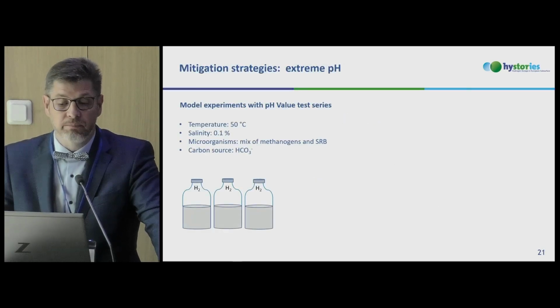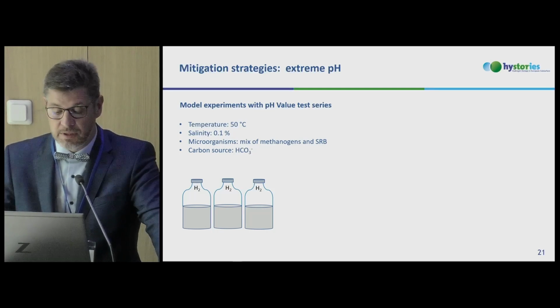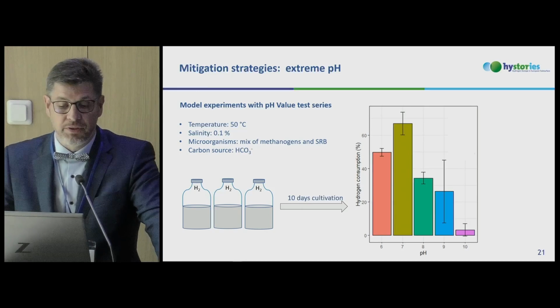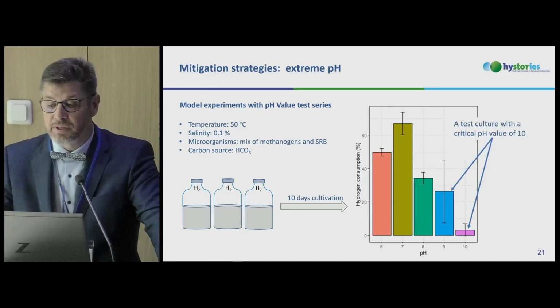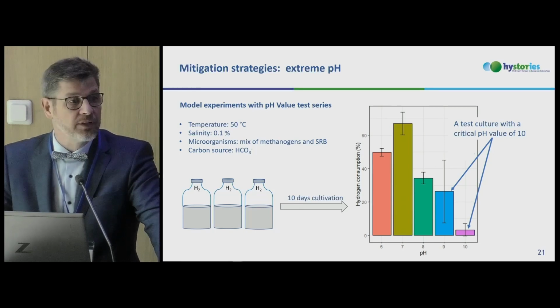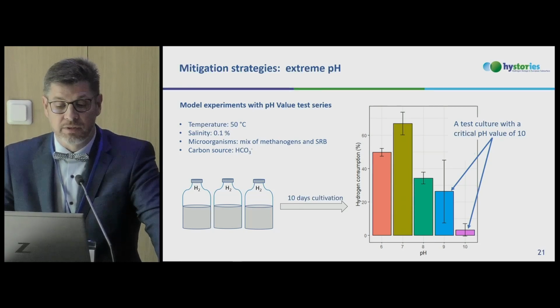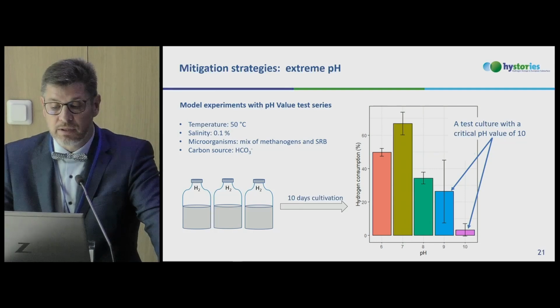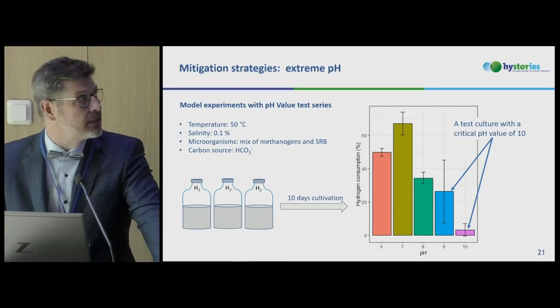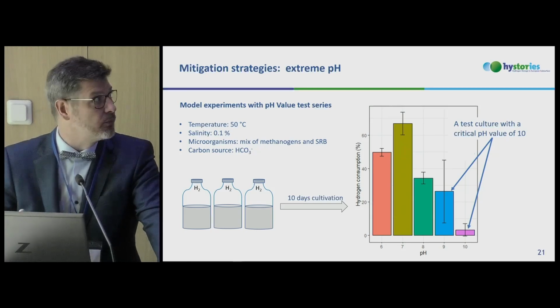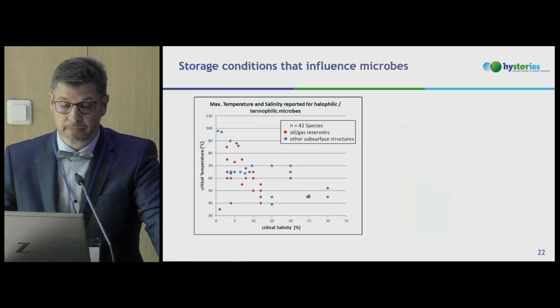We have studied the impact of several parameters to evaluate whether a modification could be useful to suppress microbial activity. The tests with increasing pH values show that a pH of 10 or even higher leads to a significant reduction of microbial activity. A possible application in practice naturally requires the study of the chemical and technical consequences of such a modified pH value.